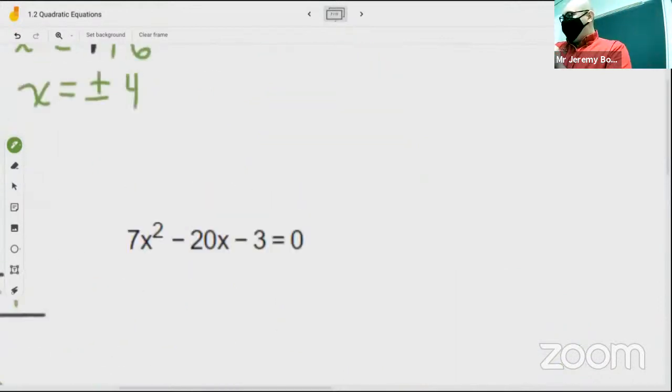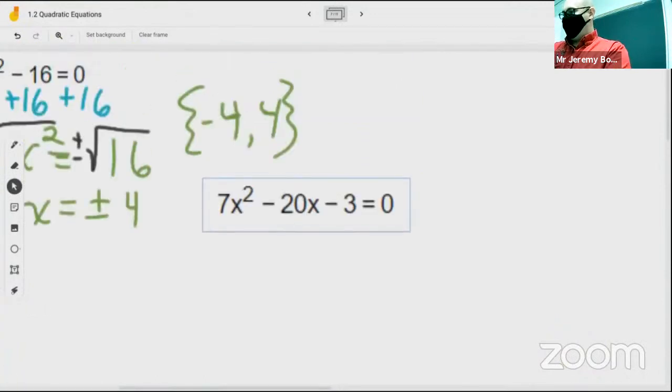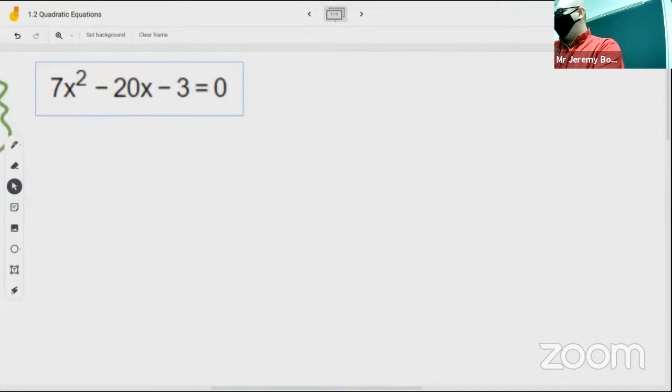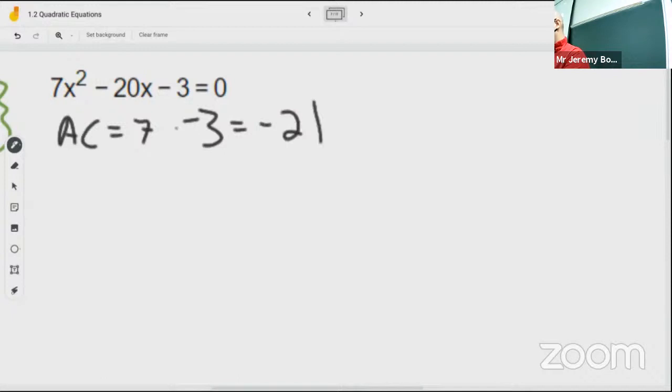And the last one. There are some larger numbers. Okay, that's not bad. So it's in the right form. Can't factor out a common term, no. And we can't use the square root method. So let's try factoring it. AC is going to be 7 times -3, which is -21.